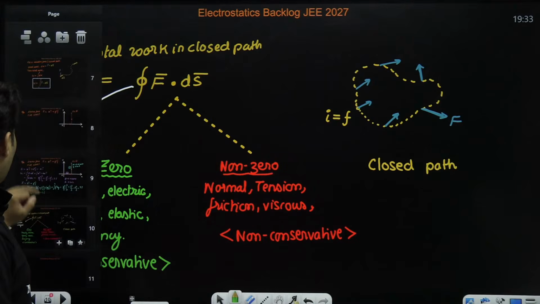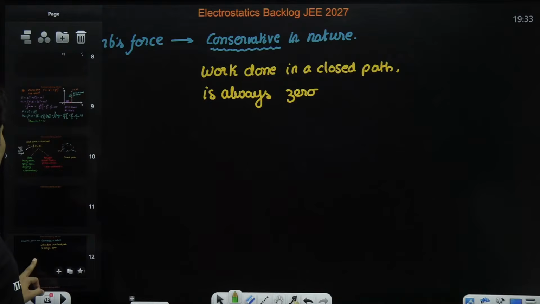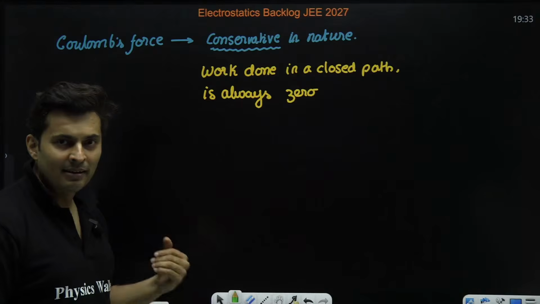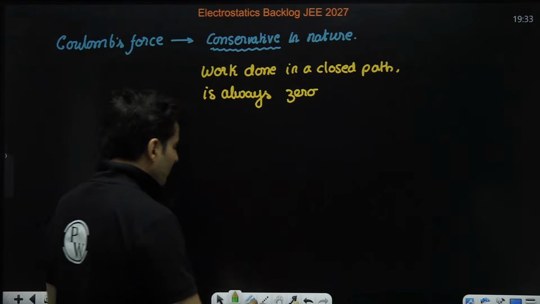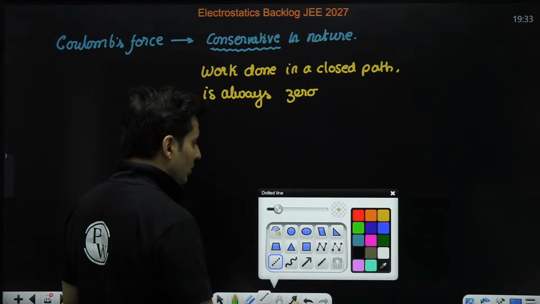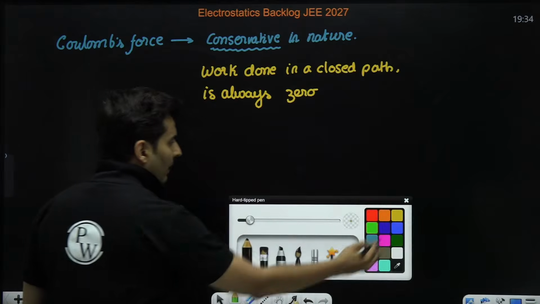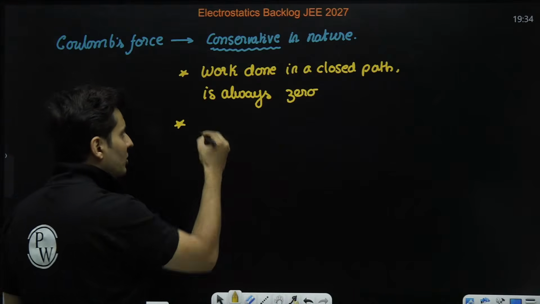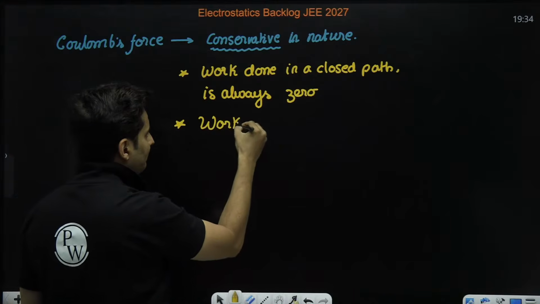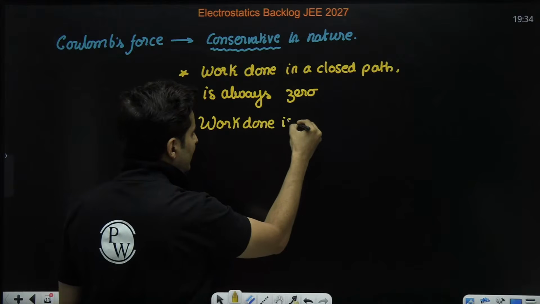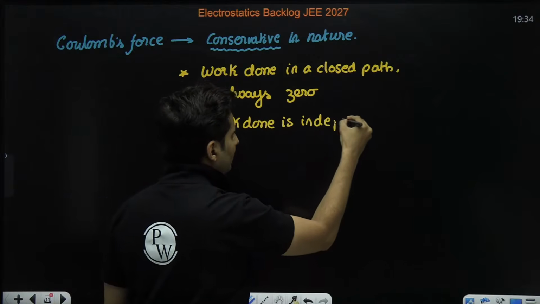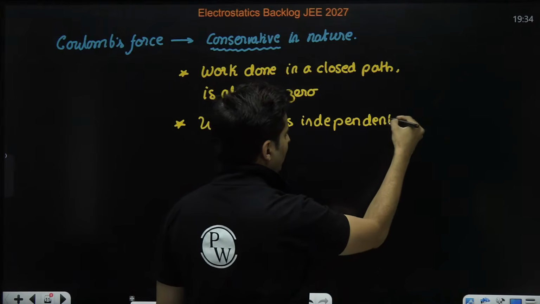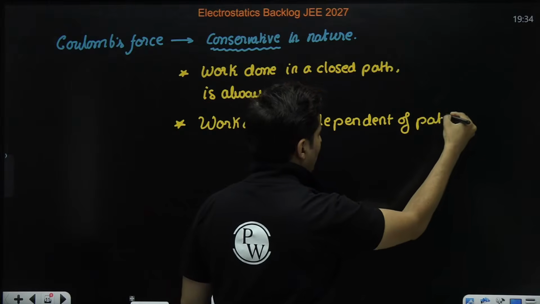Okay, perfect. So having said that, now it makes sense why we spoke about Coulomb force being conservative in nature. So the work done in a closed path is always going to be zero. And there is one special property of conservative forces apart from this. Also, the work done is independent of the path.